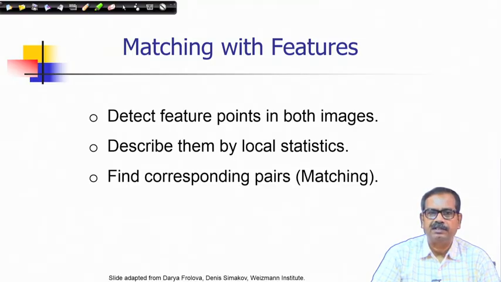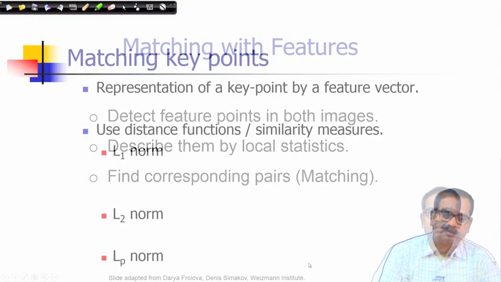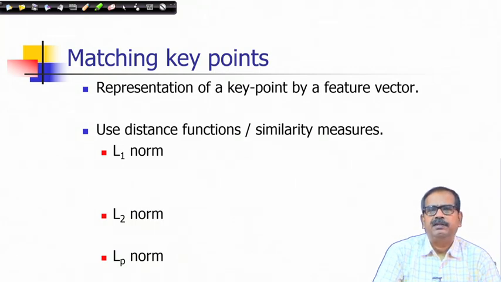Suppose you are given those descriptions, then how do you say that this pair of points are the corresponding points? We have already discussed this in the previous topic, while explaining the motivations of describing a key point, where one of the computations we considered was matching using this representation.